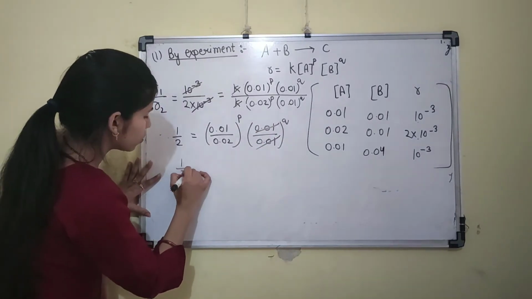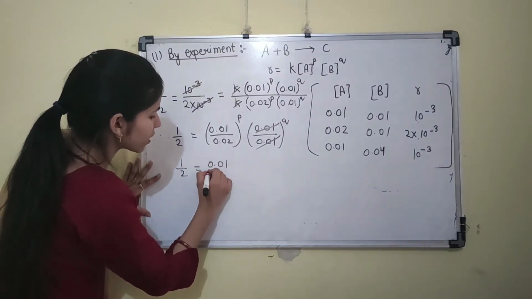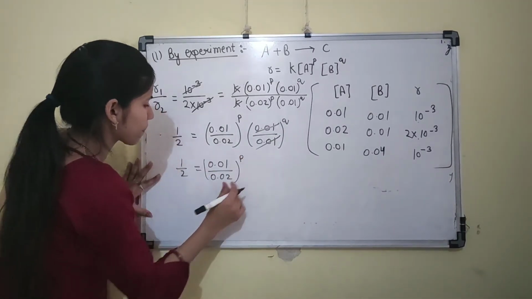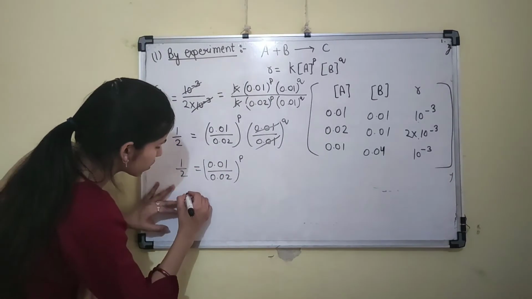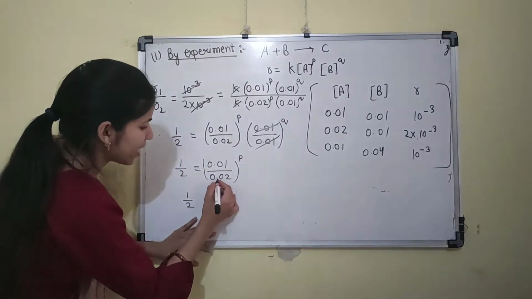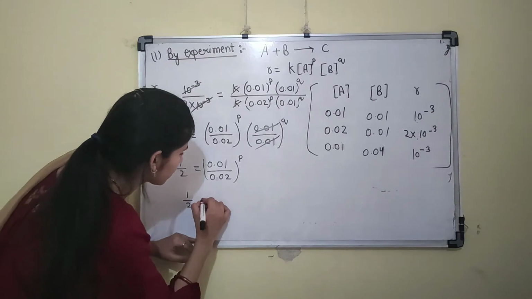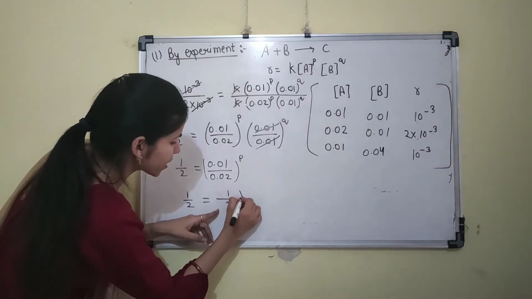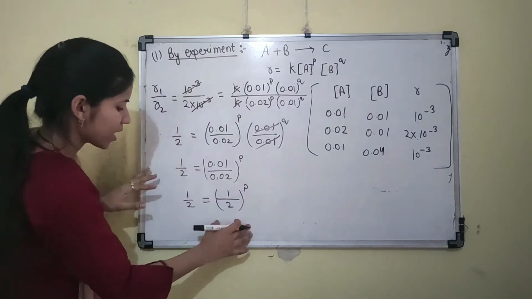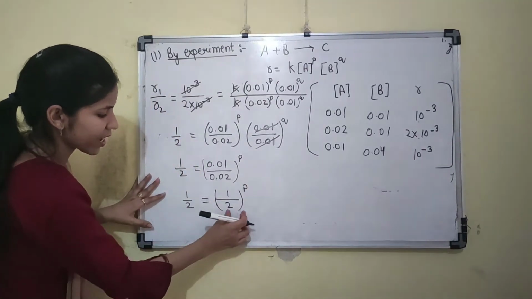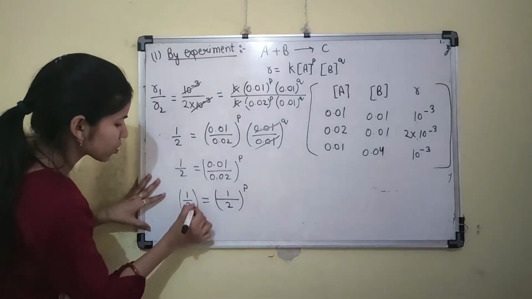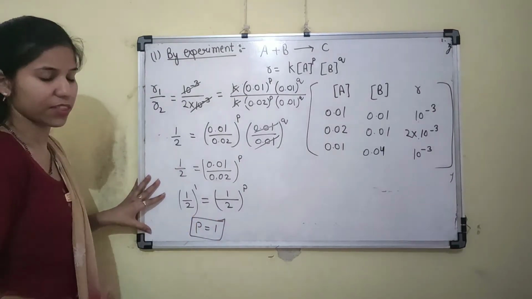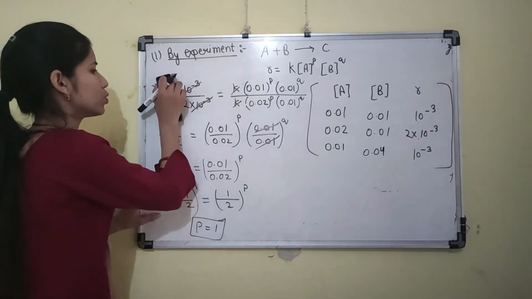So 1 by 2 is equal to 0.01 divided by 0.02 raised to the power P. Now 0.01 divided by 0.02 is 1 by 2, so it is 1 by 2 raised to the power P. In this, the base is the same, so the power is the same. So P is equal to 1. Now we find the value of Q.